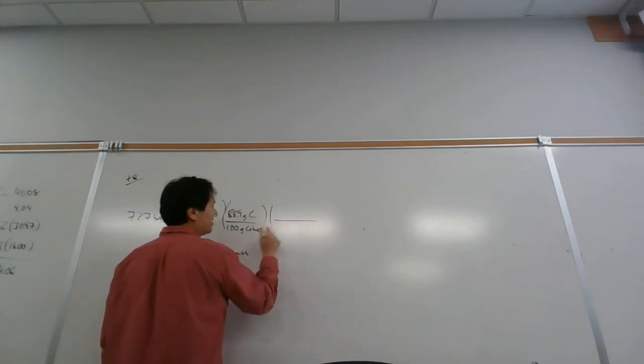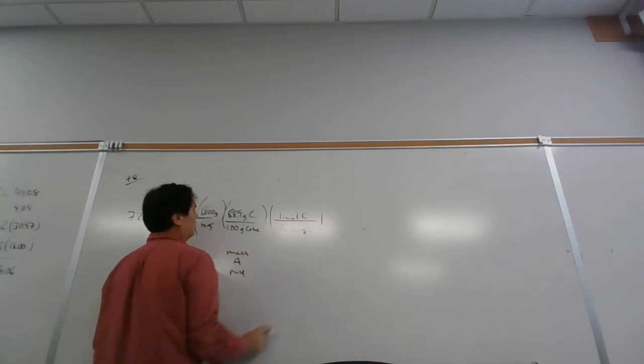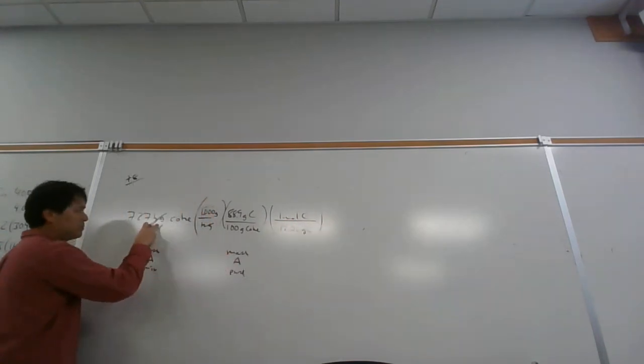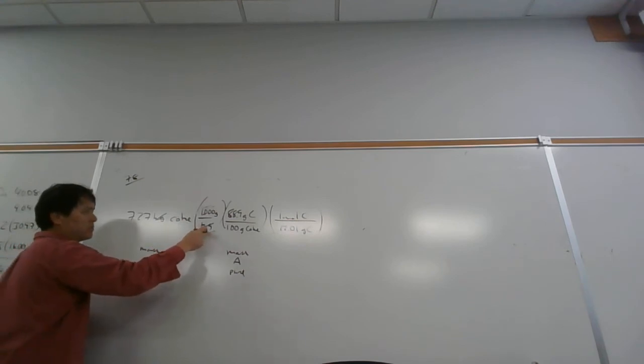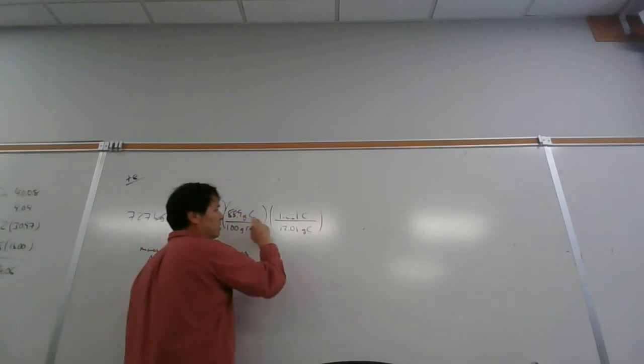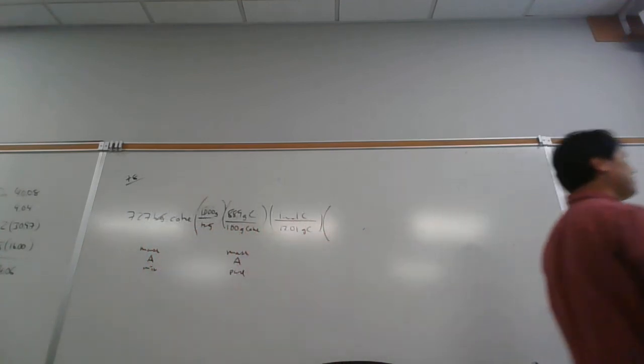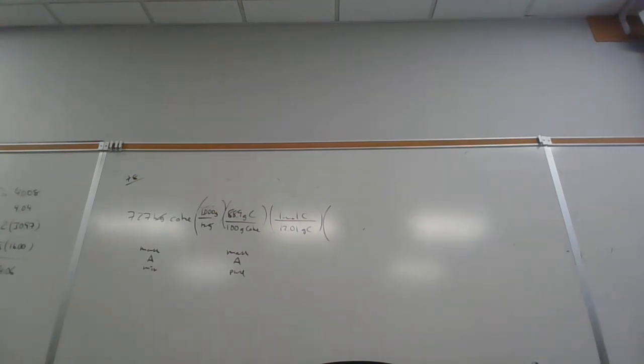So carbon, 1 mole of carbon weighs 12.01 grams. And so we have kilograms of mixture to grams of mixture, grams of mixture to grams of pure A, which is carbon, grams of carbon to moles of carbon, then moles of carbon to moles of silicon carbide. And so it's a 3-to-1 ratio here.